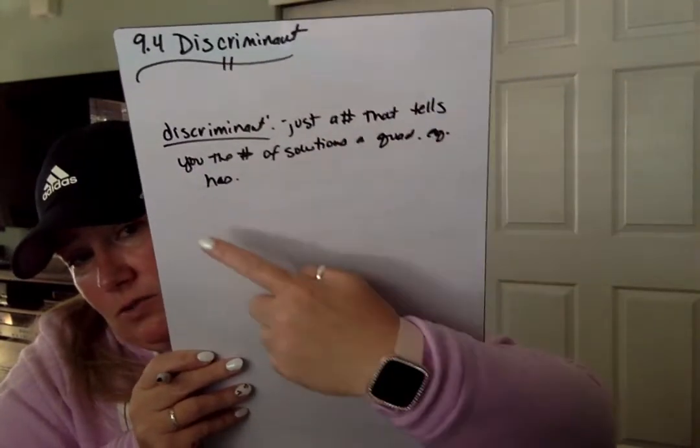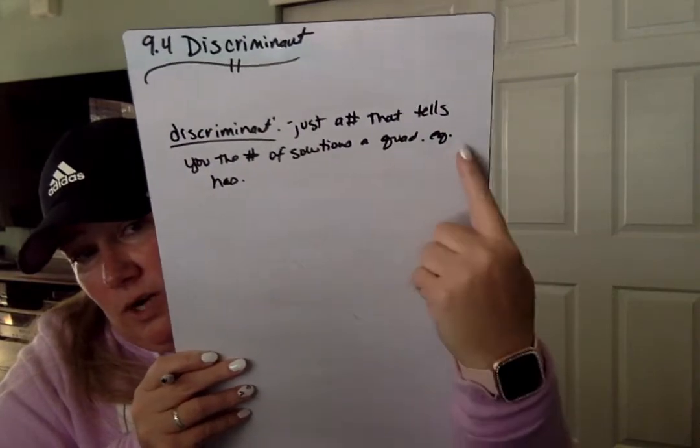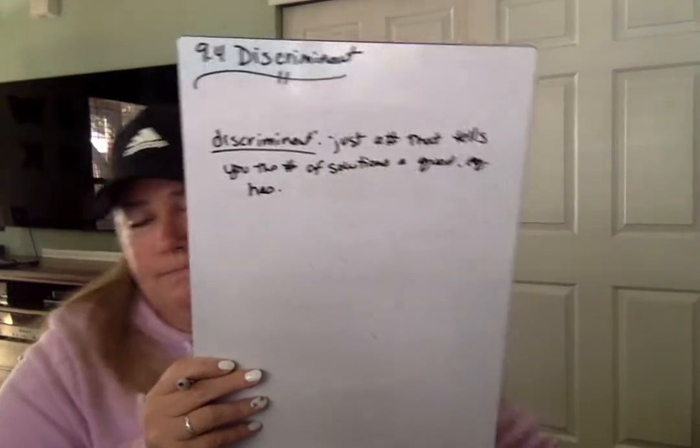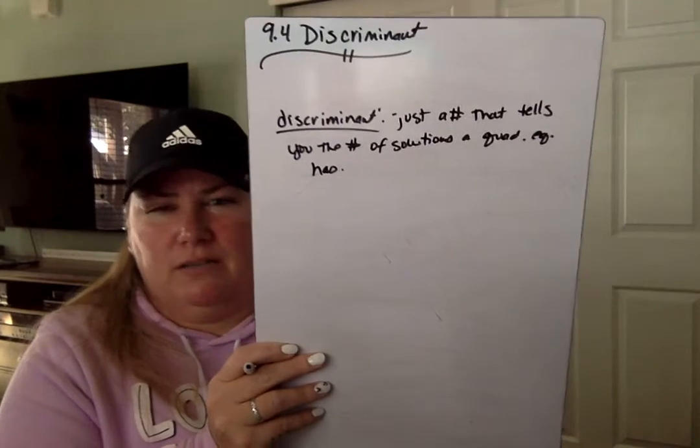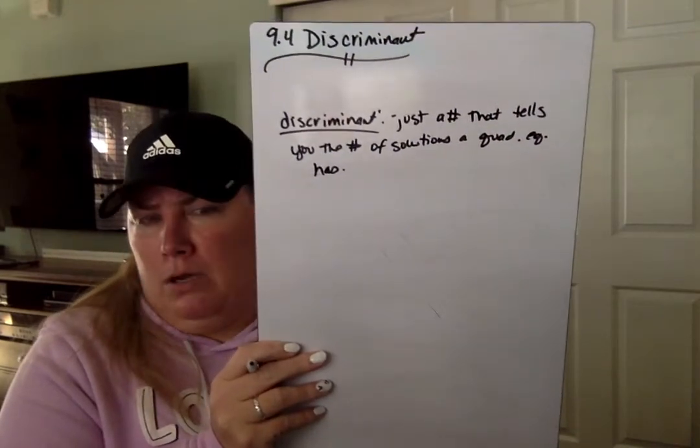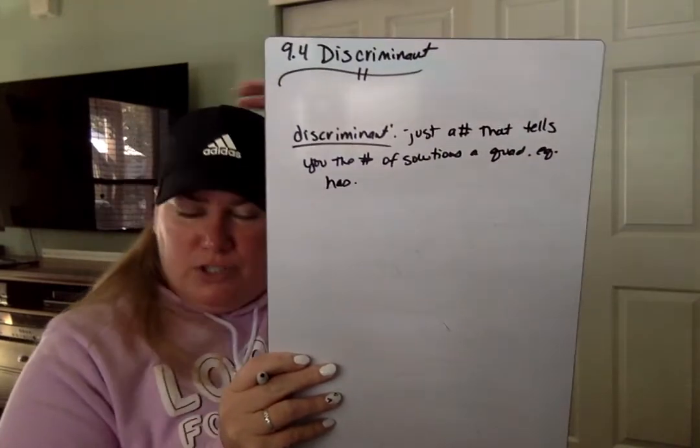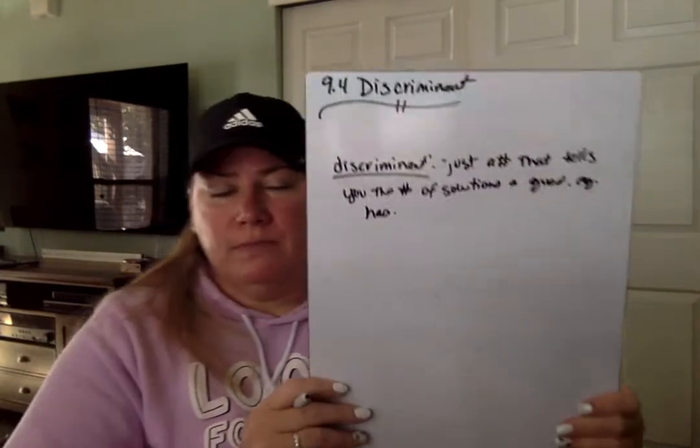Just a number that tells you the number of solutions a quad equation, I abbreviated that, has. Oof, I don't like ending that on has. English teachers won't be very happy with that, but oh well.